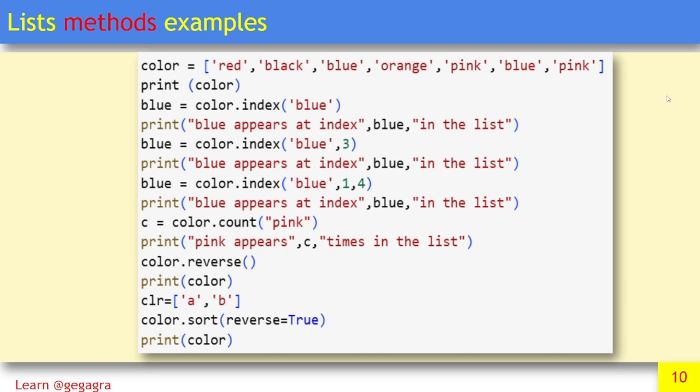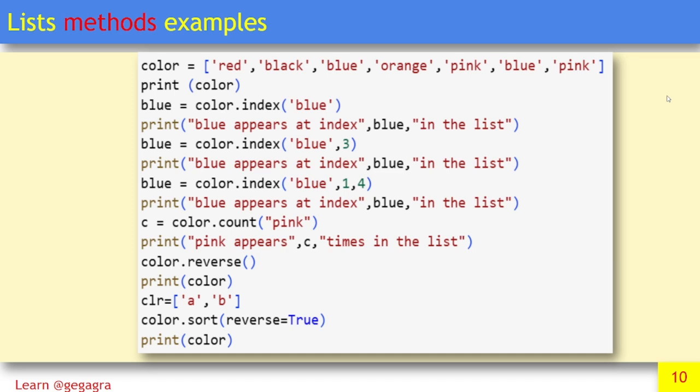And when we say c is equal to color dot count pink, how many times does this color appear in this list? It will show you the count. Pink is there only 2 times, so it will give you 2. Now color dot reverse.